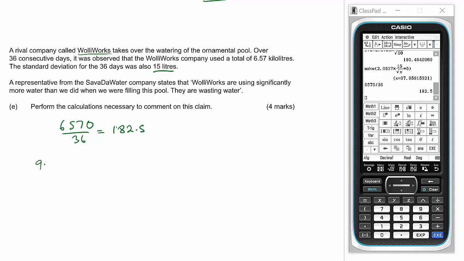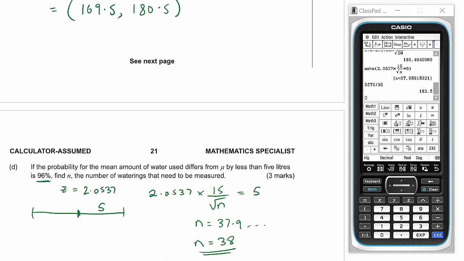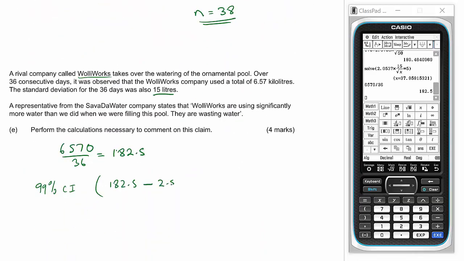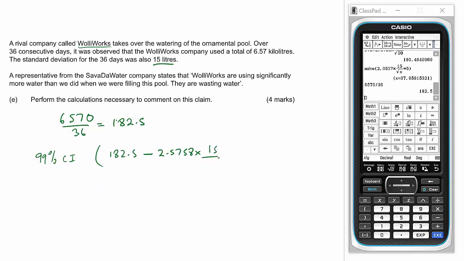Now, if I do a 99% CI, that's going to be 182.5 take away, now the 99% was 2.5758, 2.5758 times, so we're told that their standard deviation was also 15, 36 consecutive days, square root of 36 is 6, and 182.5 plus 2.5758 times 15 over 6.